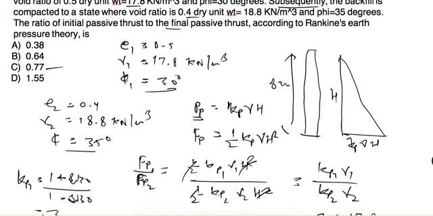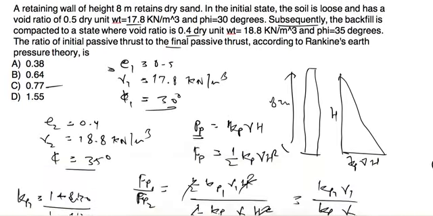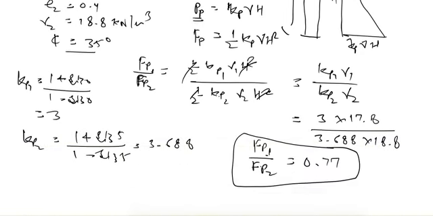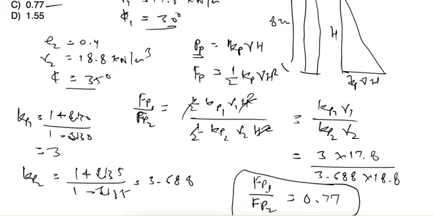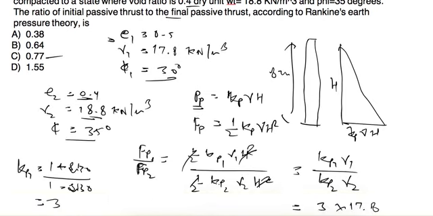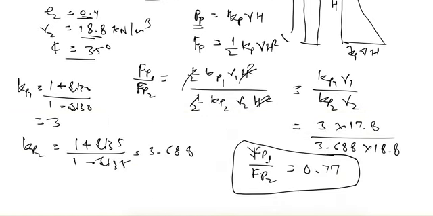Now here this void ratio has not been used, but we can see one thing. In the second condition, the void ratio is decreased, so unit weight has increased. So what is the effect of that? We know here the ratio of 1 upon 2 is coming less than 1. It means that Fp2 is greater than Fp1.